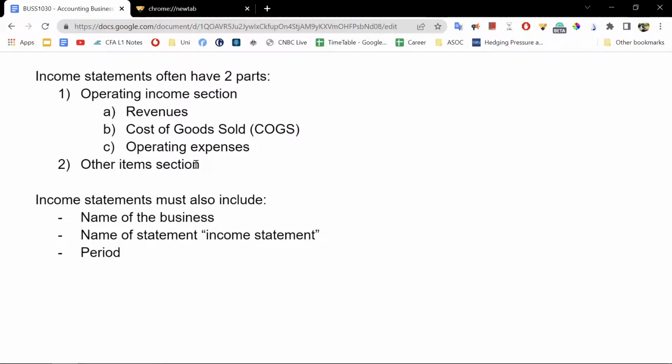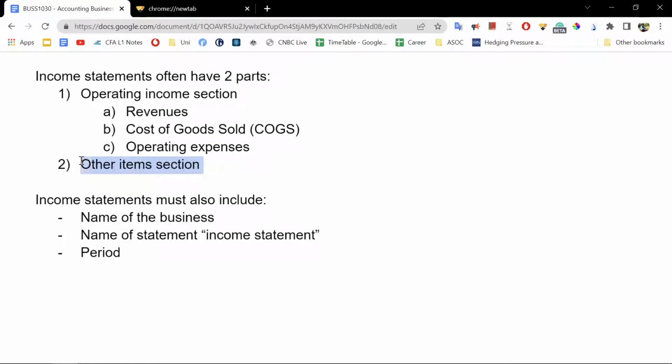These are operating expenses. Whereas if I sell one of my ovens, that would not be recorded as revenue or income, because that is not my core operation. Selling my oven is a one-time injection of cash, so that would be included in the other items section.